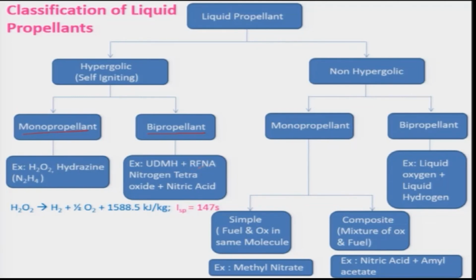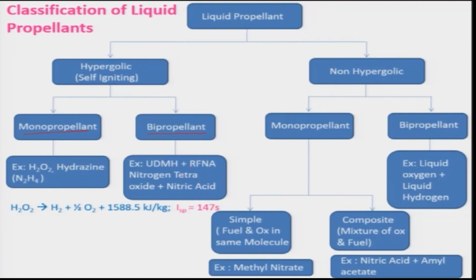RFNA means red fuming nitric acid, and as the name suggests, some red colored fumes will be coming out of it, because it has water and also nitrogen tetroxide to some extent, and therefore, of course, it has a little higher performance as compared to white fuming nitric acid or simple nitric acid. And these both are hypergolic in nature, and it is being used in India very much, and it can be stored easily. Of course, it is a little toxic in nature, and one has to be careful about using it.